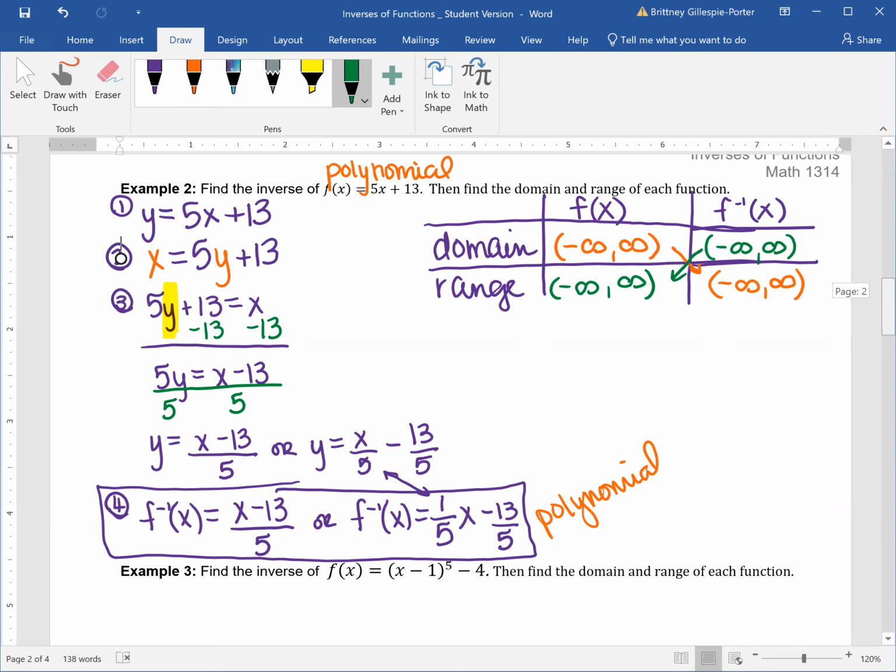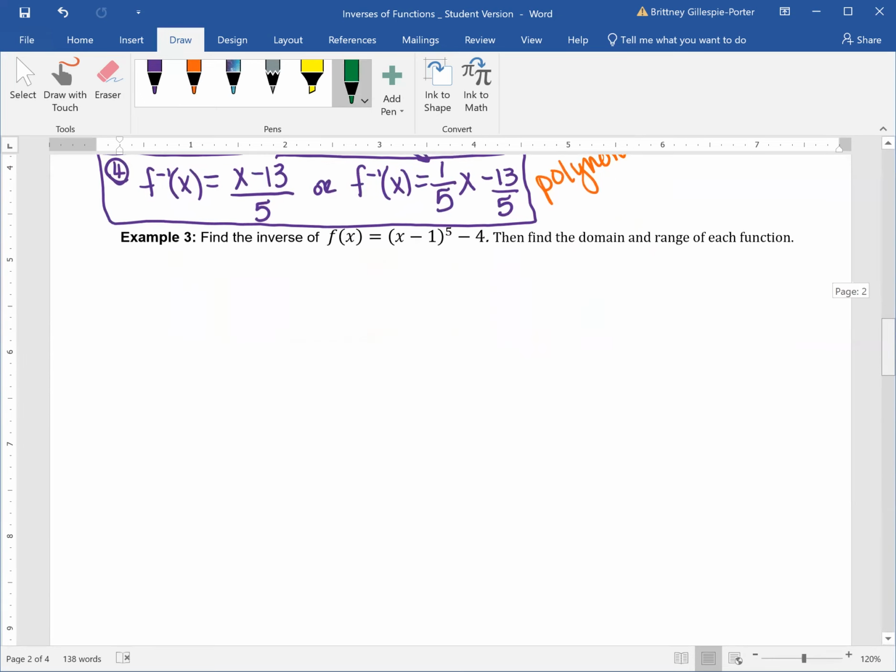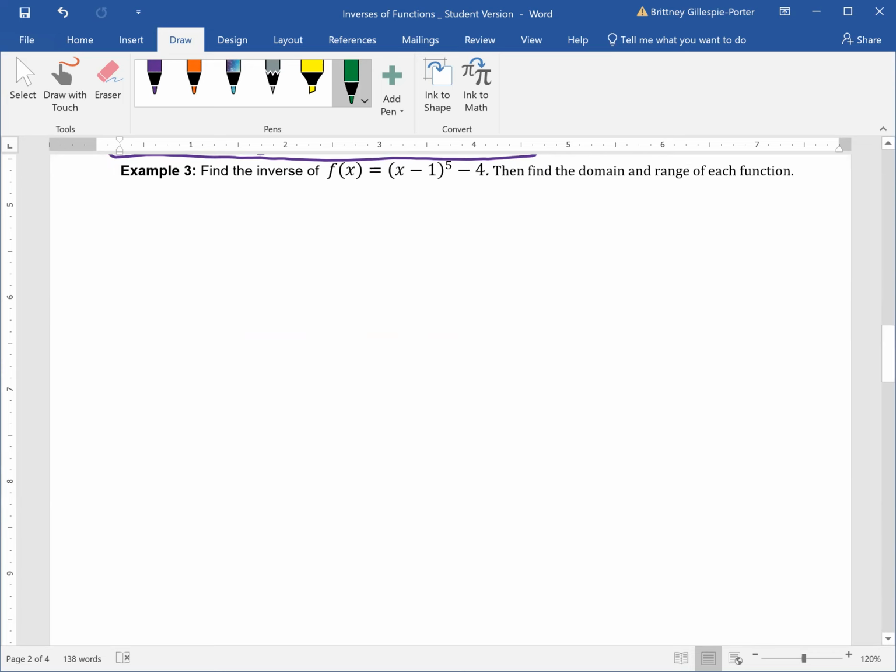Let's look at number 3. We have f of x is equal to (x minus 1) to the 5th power minus 4. Okay. All right, so we got this guy. First step, replace f of x with y.